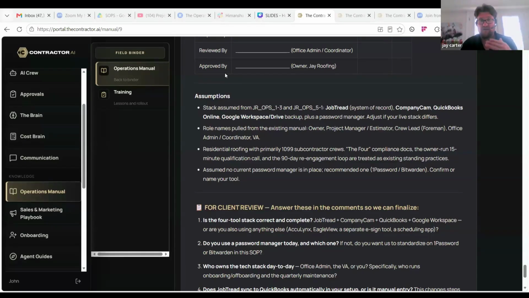You don't know where that content's being pulled from. So it's the perfect example of content without context. How does this work for your business in your situation? And then it has a very difficult time linking things together, having an actual workflow, going through problems and solving them with you.